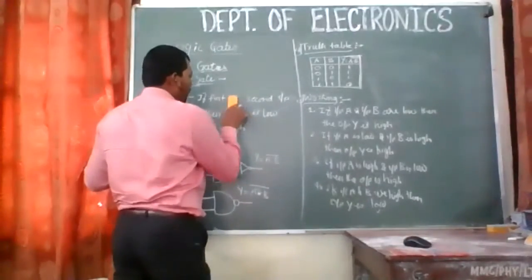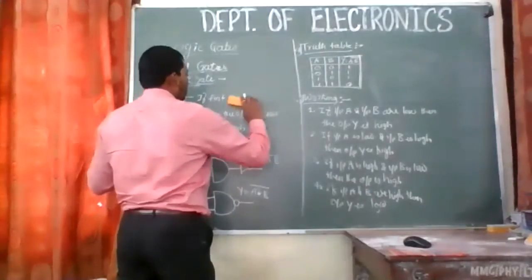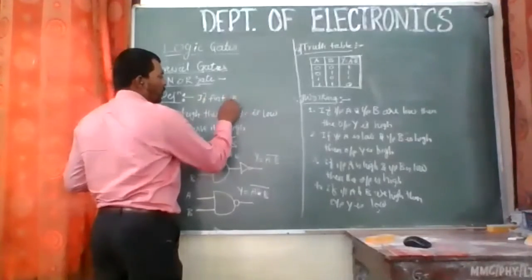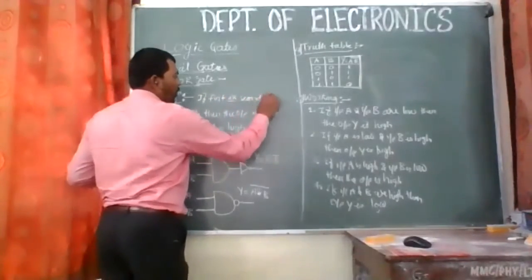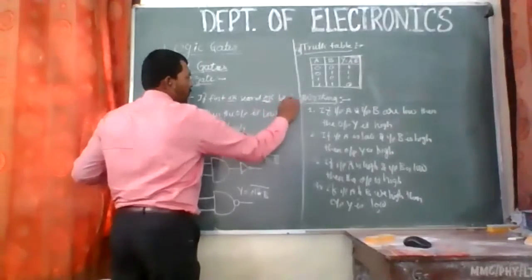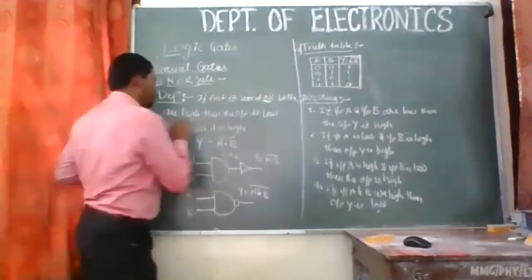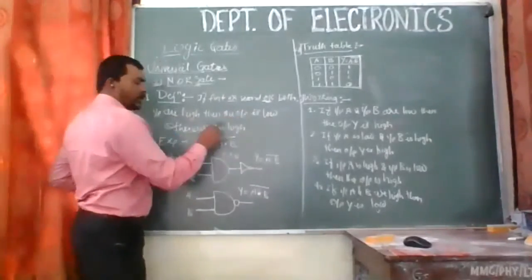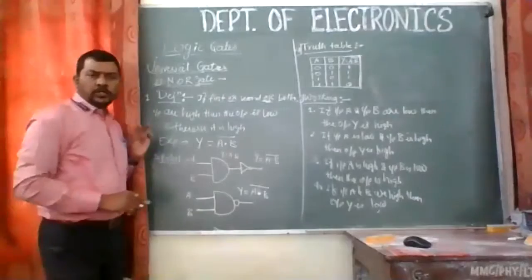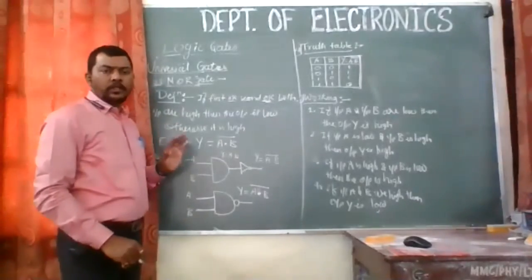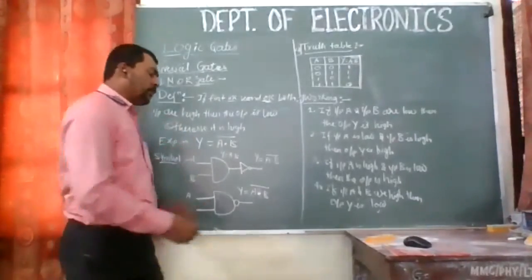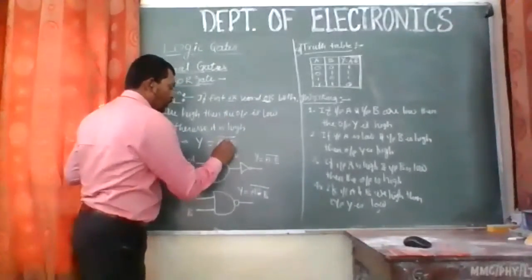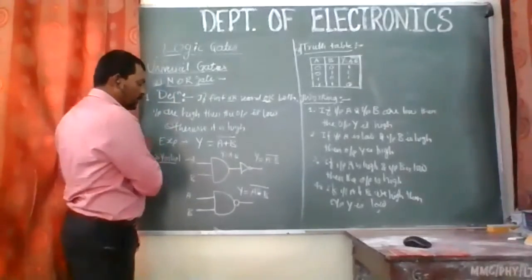The definition will be the same as that of the OR gate, just changed: if the first or second or both inputs are high, then the output is low, otherwise it is high. So it is the complement of the OR gate, A plus B complement, that is what we are expecting to write.